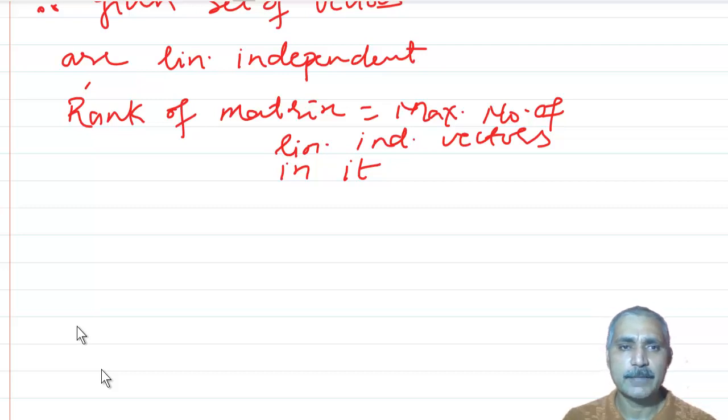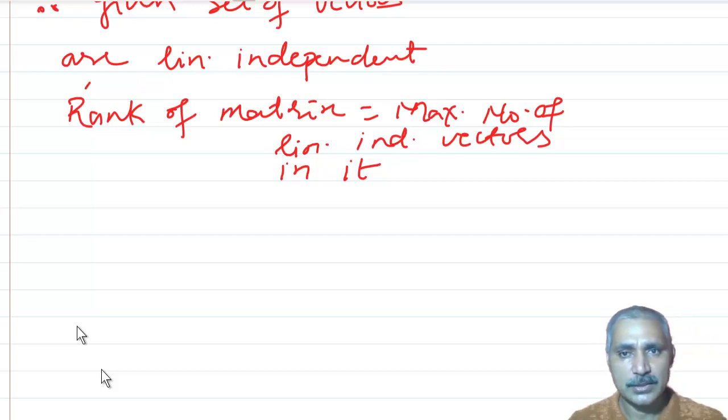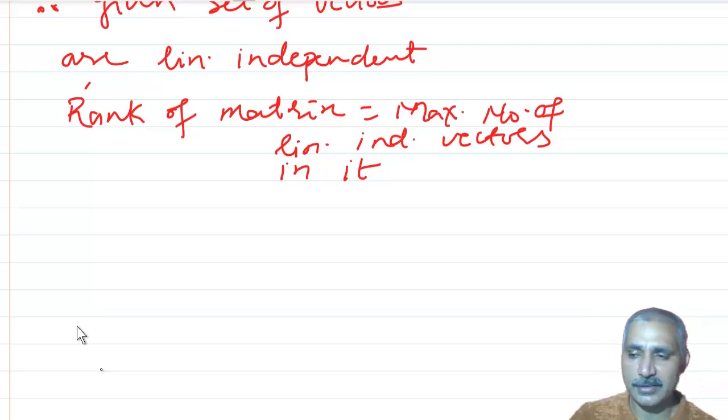And if we are getting a rank which is, for example, 2 or 1, in the case of this one where we have been given 3 vectors, then the given set of vectors will become linearly dependent. So the main point behind this is the rank should be equal to the number of vectors. If that is the same, that means the given set of vectors will become linearly independent, otherwise it is going to be linearly dependent.